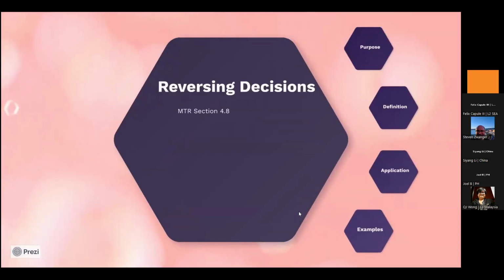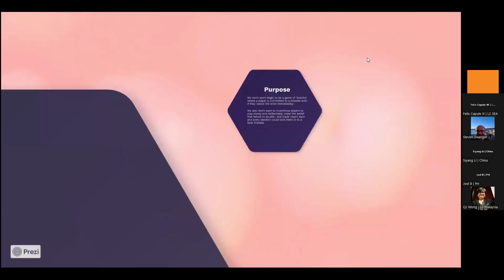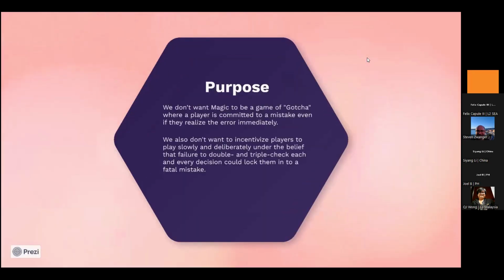Reversing decisions is covered in section 4.8 of the MTR. This is a relatively new policy. And just like shortcuts, the purpose of reversing decisions is largely to make communication clear to the opponents. But specifically for reversing decisions, we don't want Magic to be a game of gotcha, where a player makes a mistake and they're committed to that mistake, even if they realize immediately that they made a mistake.